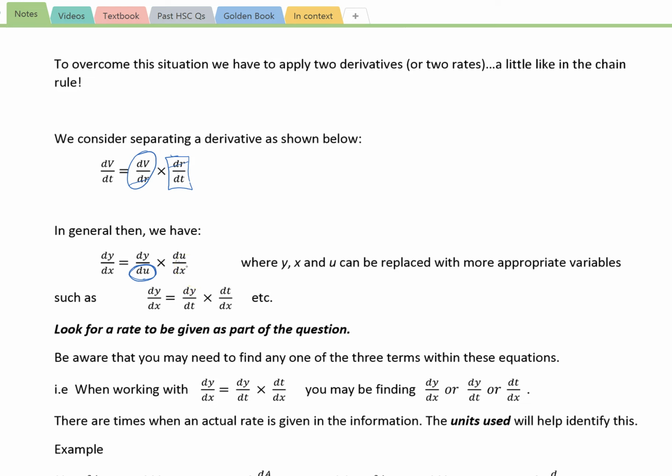So a particular variation on that might be that if we want dy/dx, we might talk about dy/dt, as long as we multiply it by dt/dx. Now, these are going to be some expressions that we're actually going to be able to find and substitute.